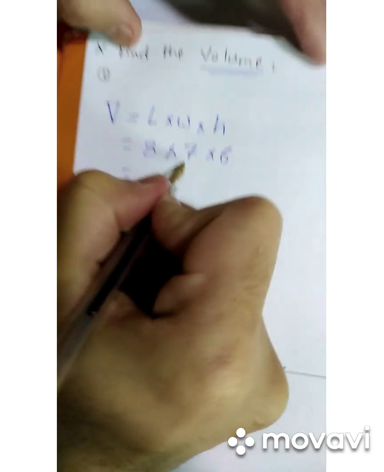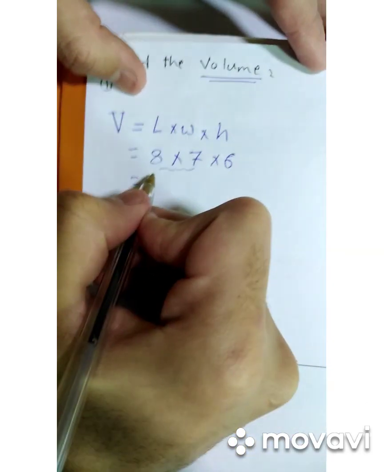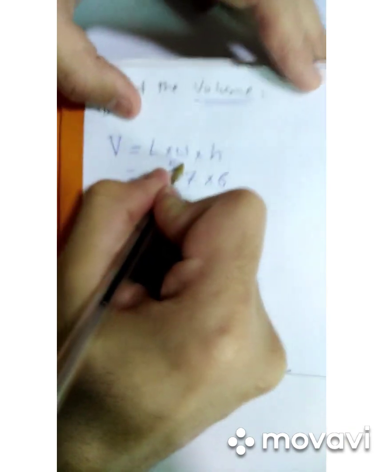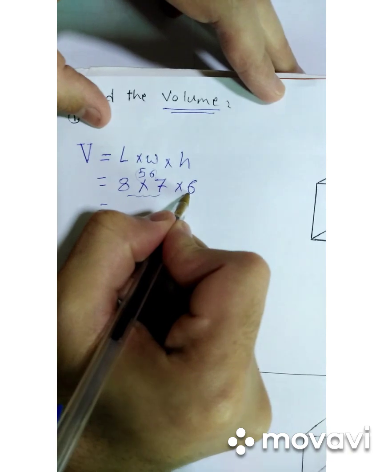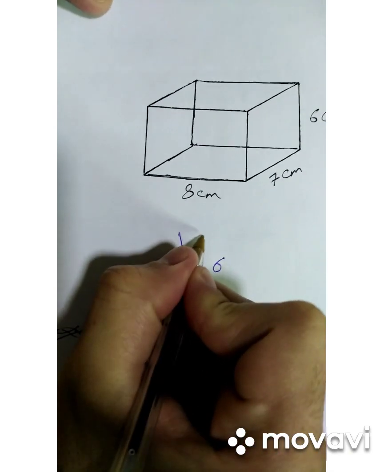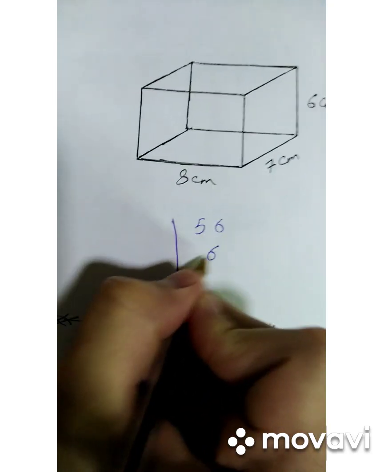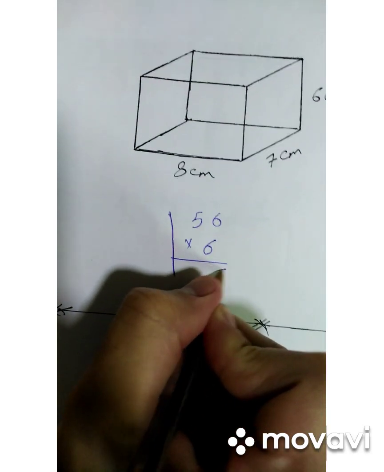Let's multiply the first two numbers at first. 8 times 7 equals 56. Now we want to multiply 56 times 6. Go to your draft and multiply. 6 times 6 equals 36.